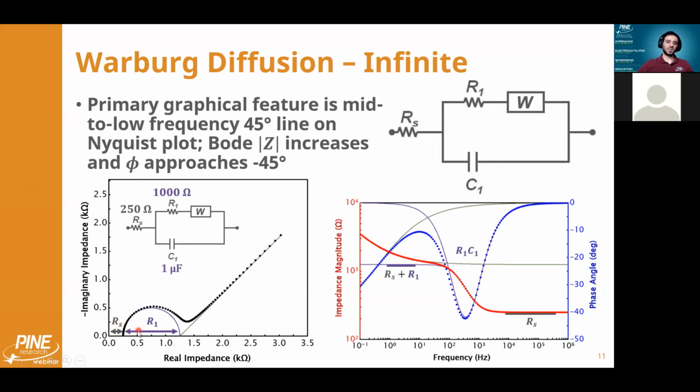We have a semicircle, and the width of that semicircle, you can't get an exact value just with your eye, but you can certainly get an estimate, is equivalent to the charge transfer resistance. And then we have our Warburg element. And again, the main feature here is that it goes at a 45-degree angle with respect to the x-axis.